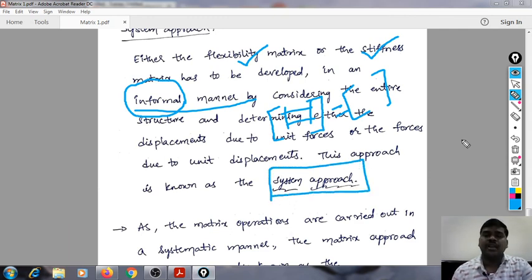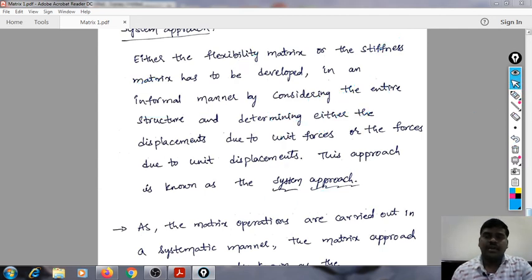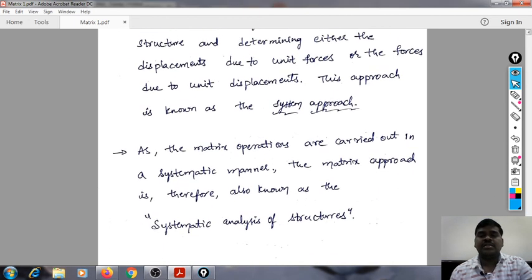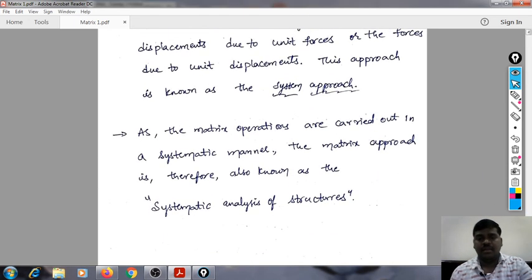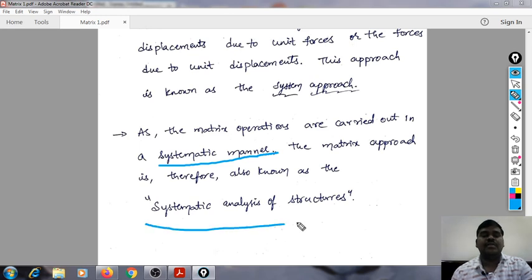And the last point: as the matrix operations are carried out in a systematic manner, the system approach can be a word related to this systematic. Fine, a systematic informal manner, right? If it is in a systematic manner, the matrix approach is called systematic analysis of structures.